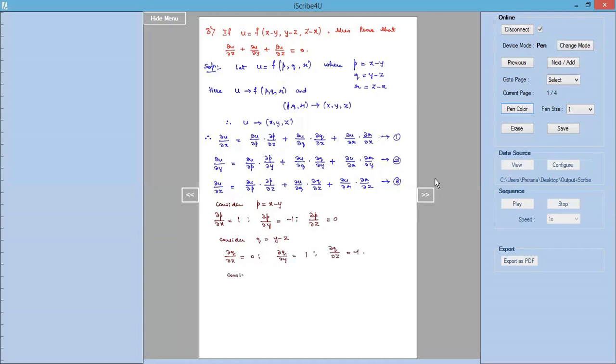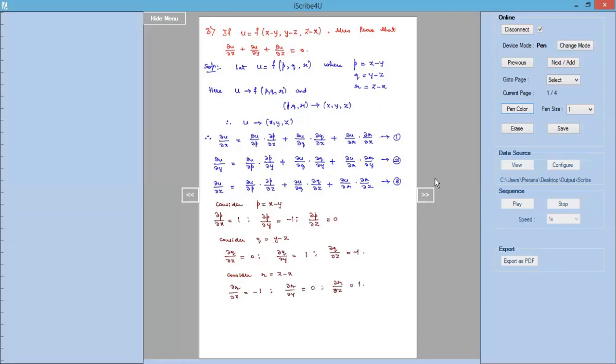And finally, when I consider r is equal to z minus x, we have ∂r/∂x is equal to minus 1. ∂r/∂y is 0. ∂r/∂z is equal to 1.